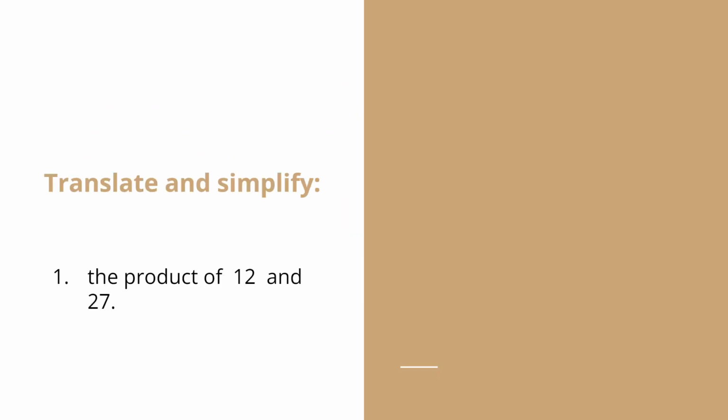And next you can try to translate and simplify the product of 12 and 27. For this one, remember to find the answer and then translate it. I will give you 30 seconds to answer it.